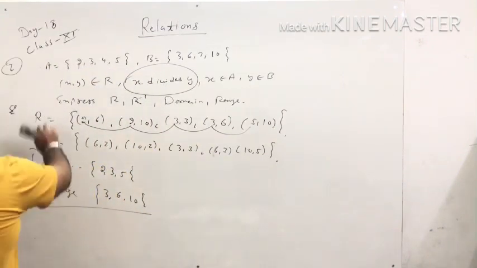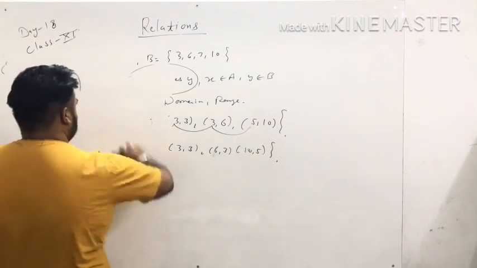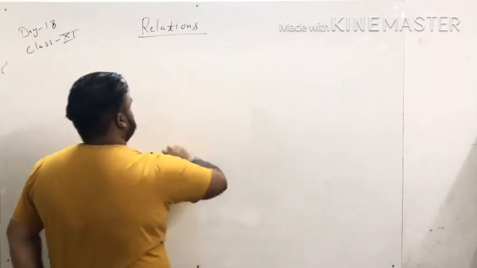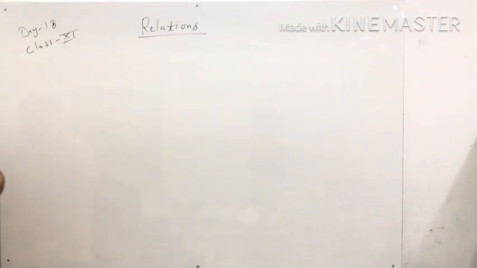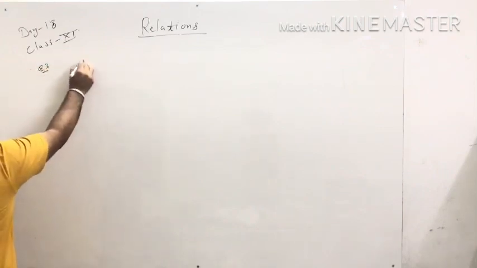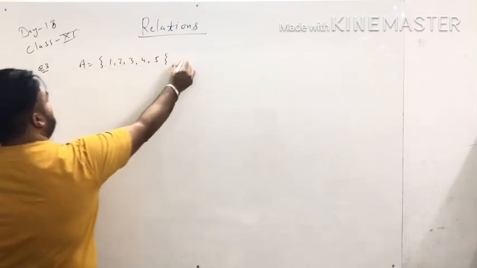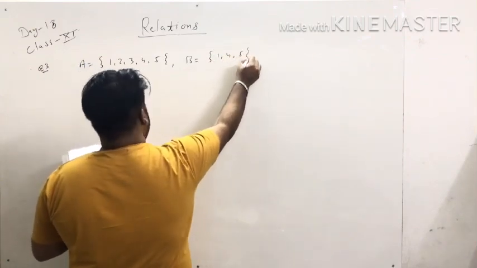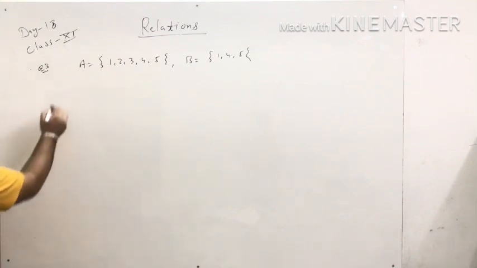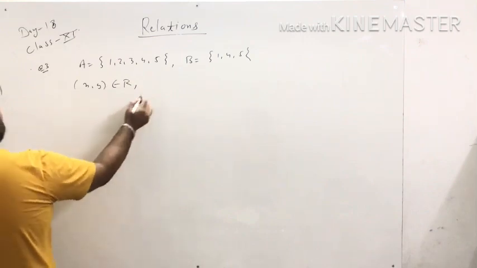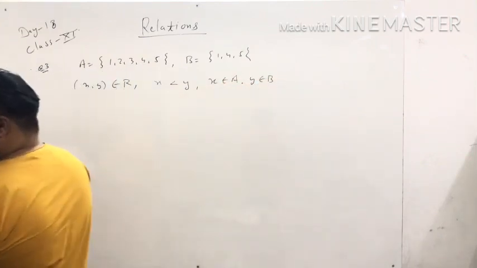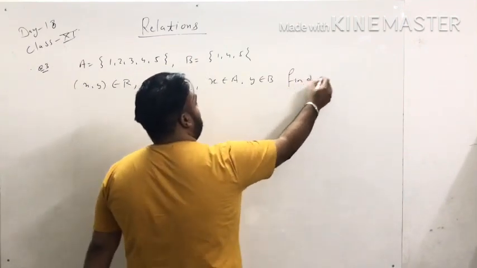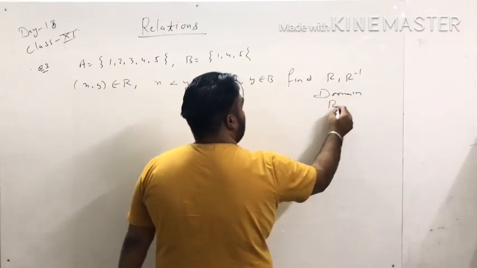Now, the next question. Question number 3: A equals 1, 2, 3, 4, 5, B equals 1, 4, 5. (x, y) belongs to R, x less than y, x belongs to A, y belongs to B. Again, we have to find R inverse, domain, range.